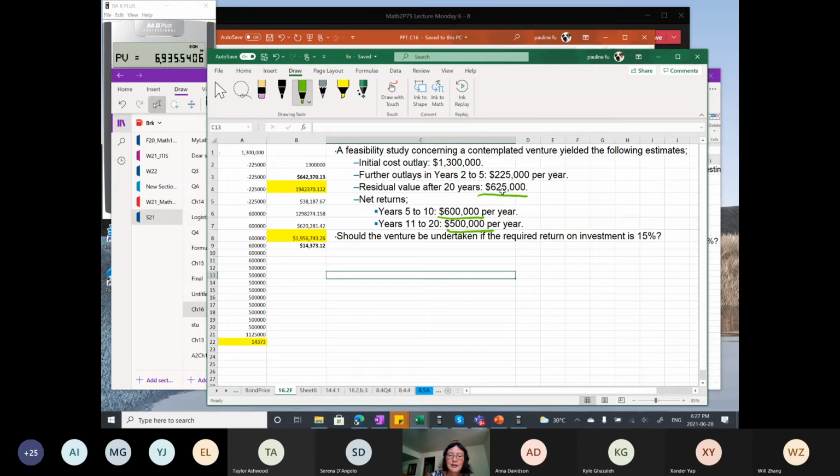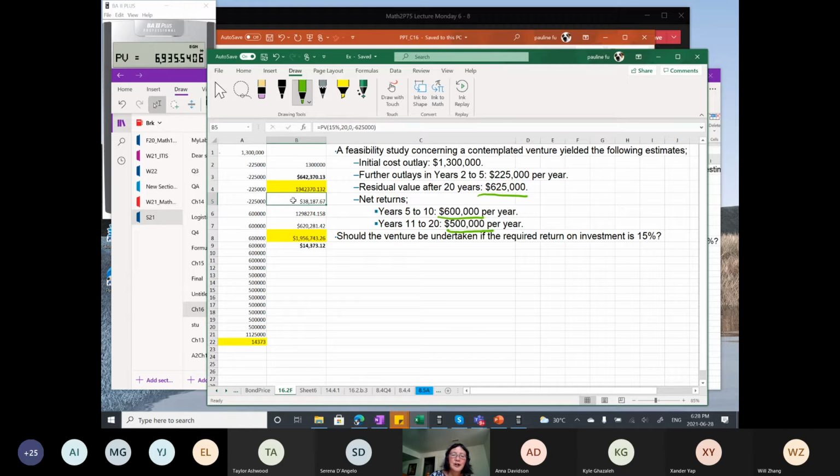For money in, this 625 is after 20 years. So what is the present value of this one? It is this one here.